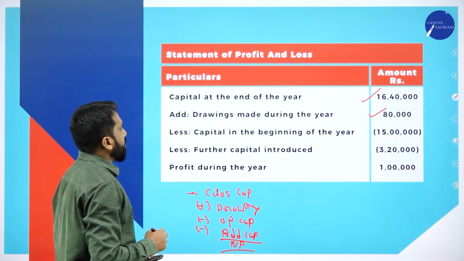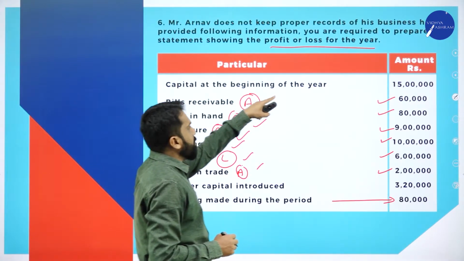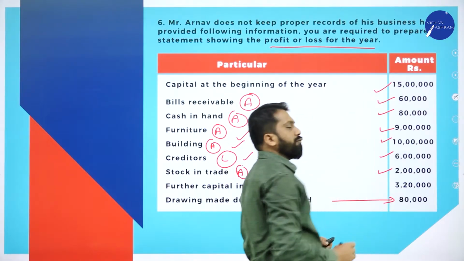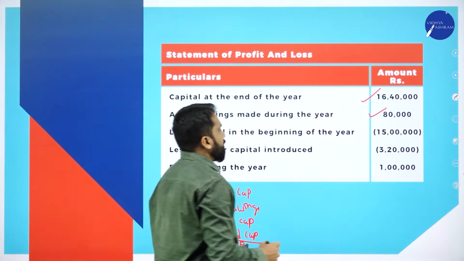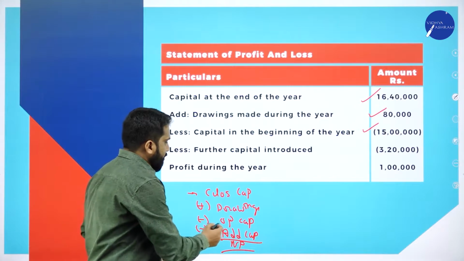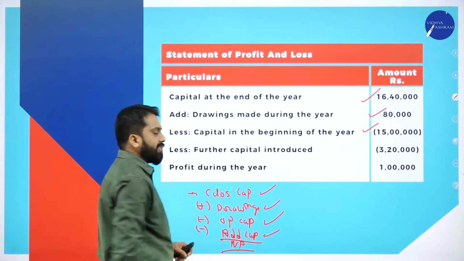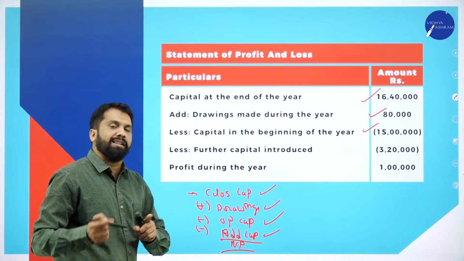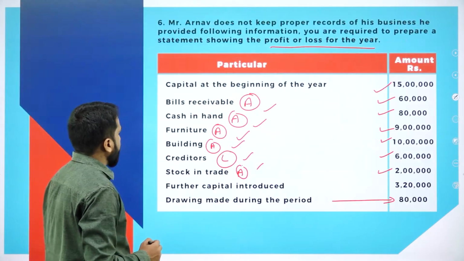Then capital in the beginning of the year as per the question. How much? 15 lakh. Capital in the beginning of the year, 15 lakh, is minus. Then your closing is over, drawings over, opening capital over. Next, additional capital. We'll search for additional capital.